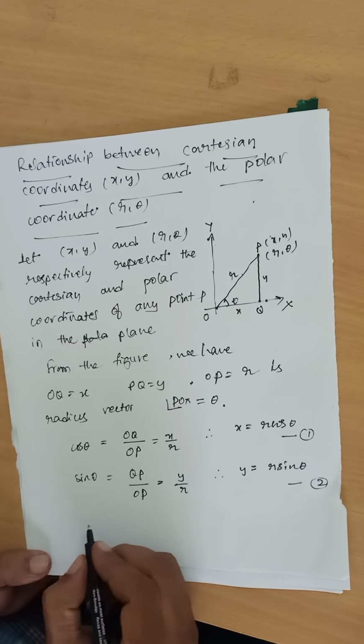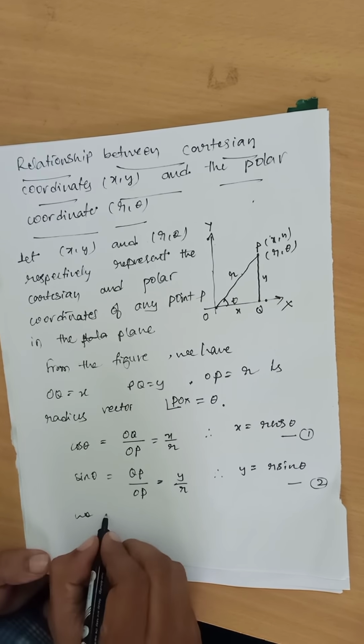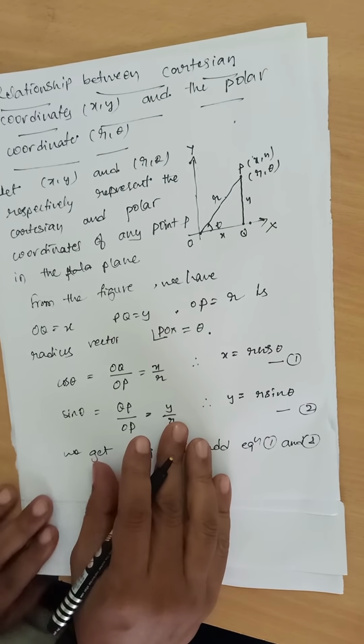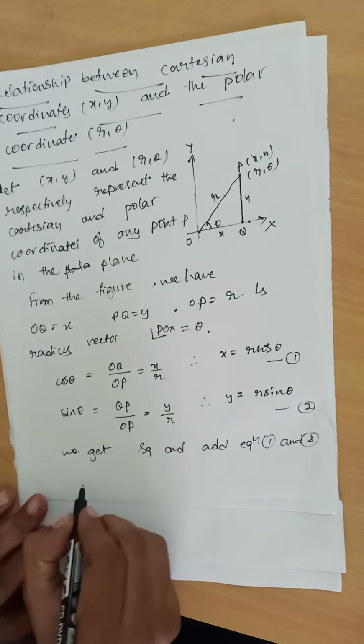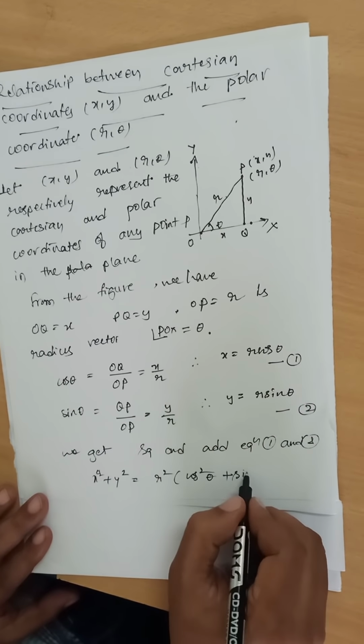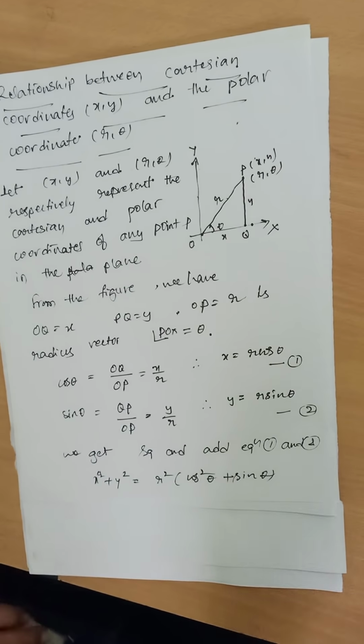To get r and theta, squaring and adding equations 1 and 2, we get x square plus y square equals r square of cos square theta plus sin square theta.